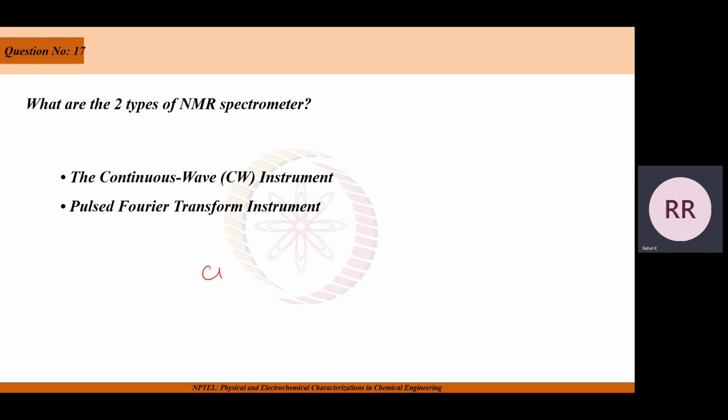The first one is the CW instrument, which stands for continuous wave.